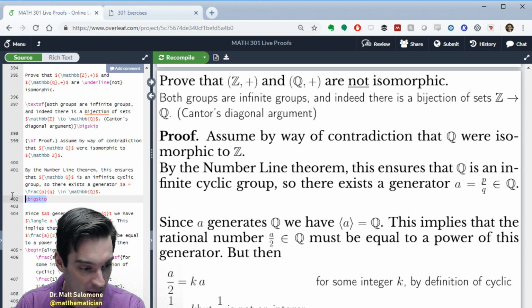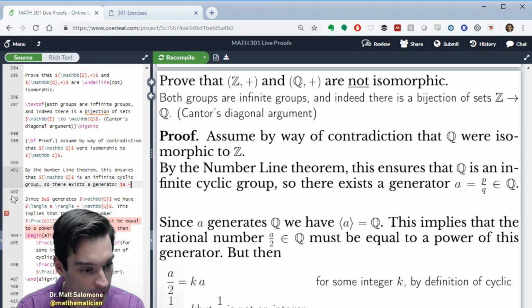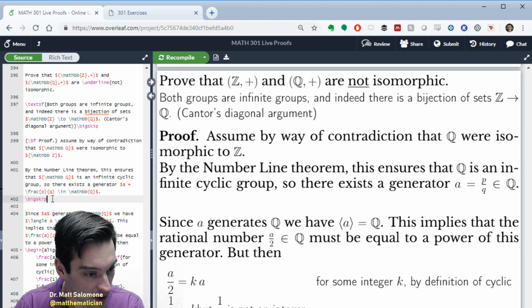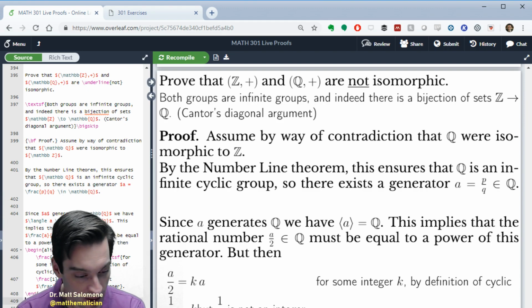And so just to wrap up the argument here, oops, erase some stuff I didn't want to erase. There we go. So just to wrap up my argument, thus the assumption that Q is isomorphic to Z is absurd.